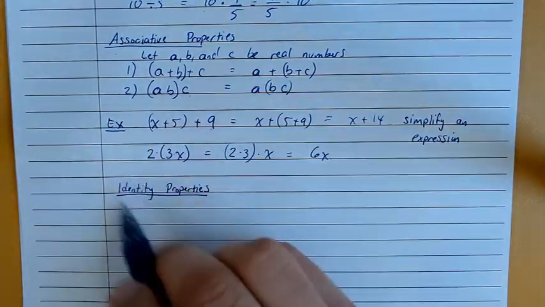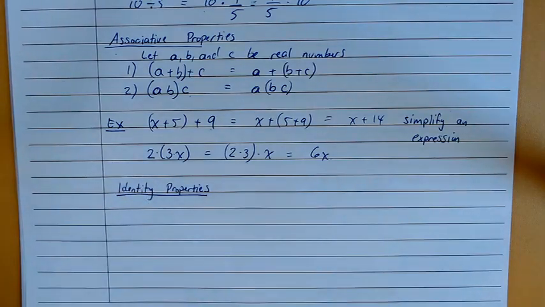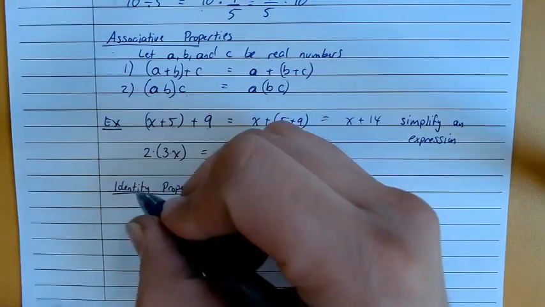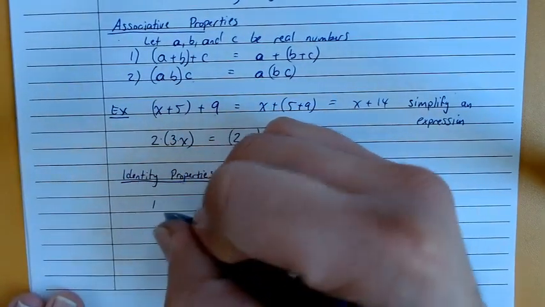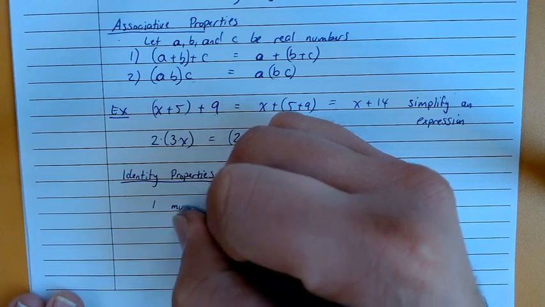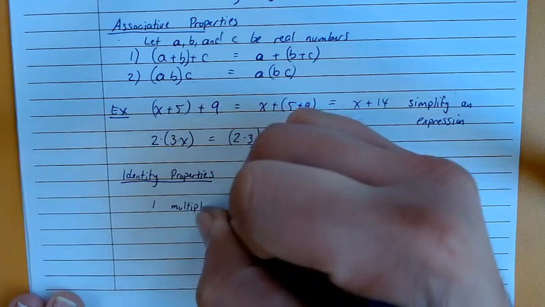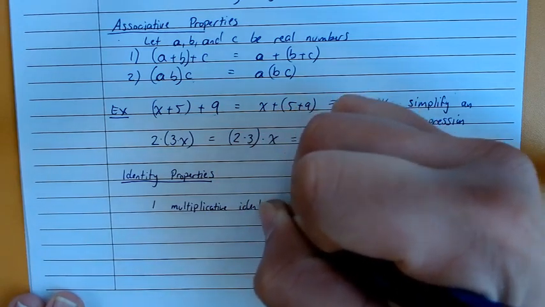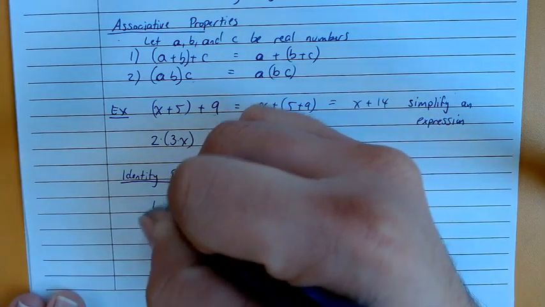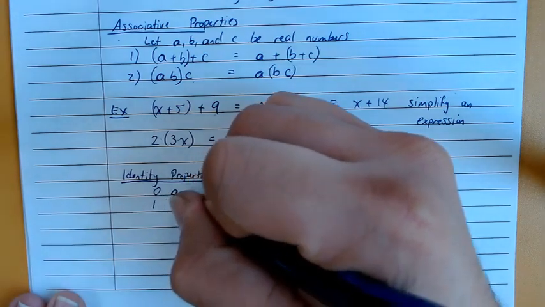There are 2 identities. They're not unusual numbers. They're numbers you're very familiar with. The number 1 is called the multiplicative identity. And 0 is called the additive identity.